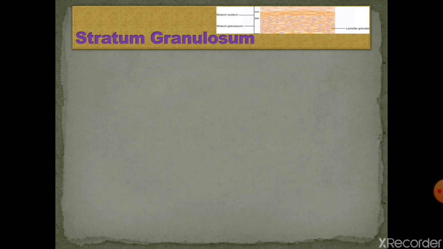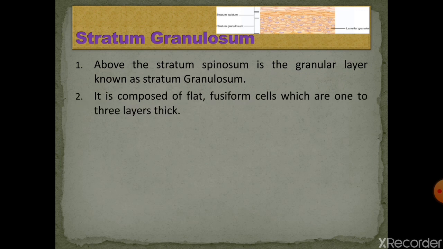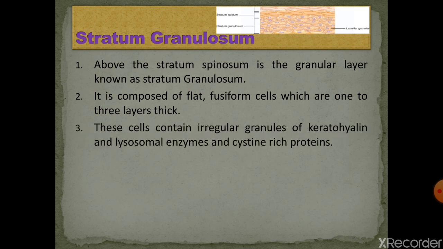Now stratum granulosum. Above the stratum spinosum is the granular layer known as stratum granulosum. It is present in between the stratum lucidum and stratum spinosum. It is composed of flat fusiform cells which are 1 to 3 layers thick, and these cells contain irregular granules of keratohyalin and lysosomal enzymes and cysteine rich proteins.